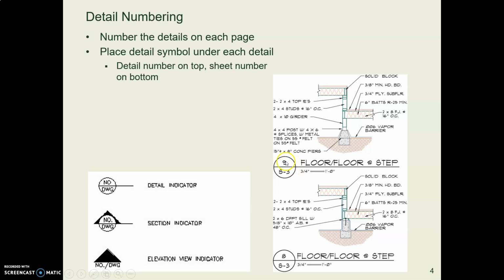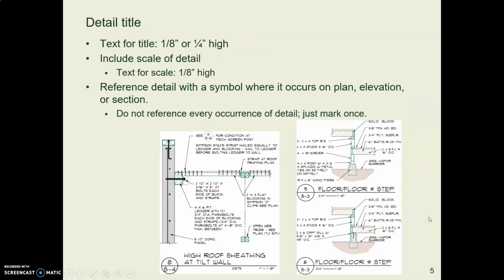You still have the name of the detail in the top and the page number where they will find it in the bottom. And you always give the title of the detail, what this is, and you always give the scale of the detail, and you always give this bubble that shows its name and its page number, just like you put on the floor plan.